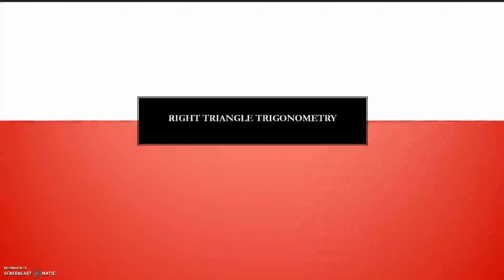Hi everybody, so this is going to be a video on right triangle trigonometry. As you will see, right triangle trigonometry, and by extension non-right triangle trigonometry, exists both for acute and obtuse triangles as well as circles.